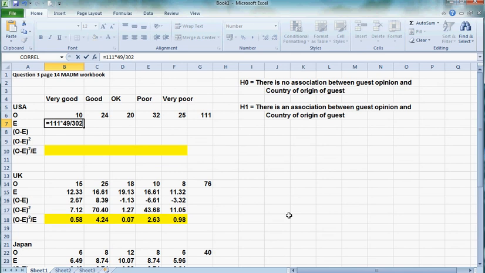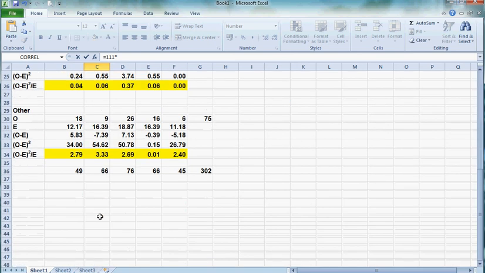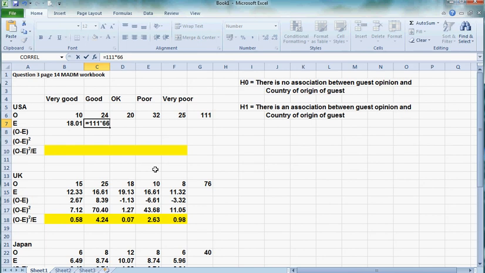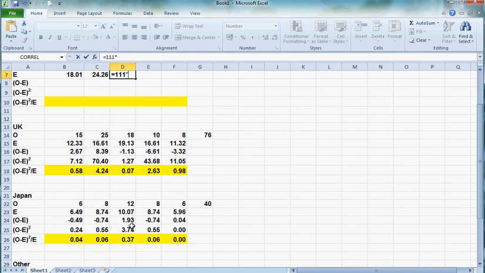For the next one, the row total is still 111 because we're still in the USA, multiplied by the column total for good, which is 66, divided by 302. And the next one, row total 111 multiplied by the column total of 76, divided by the grand total.